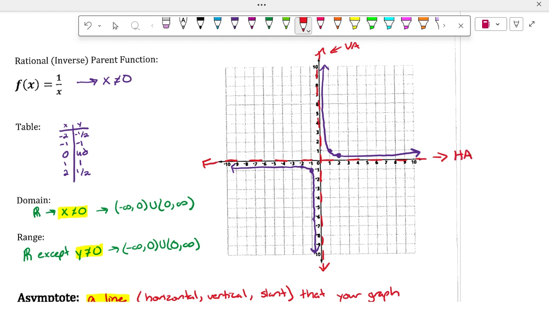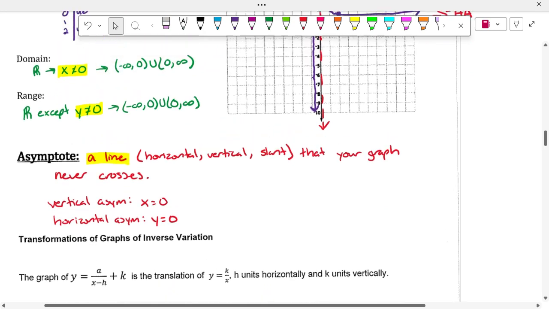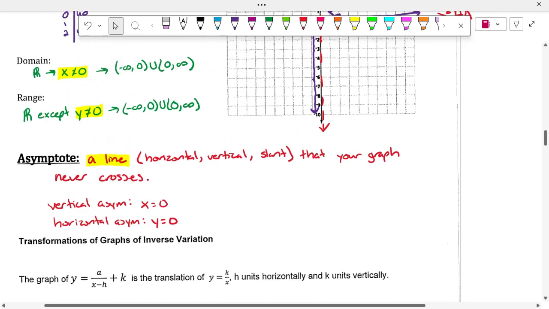That's your HA. And if you notice, when I drew my graph, I drew it so that it gets really, really close to both those lines, but it never crosses. Can it be other than 0? Yes, it can be. We're about to talk about that.